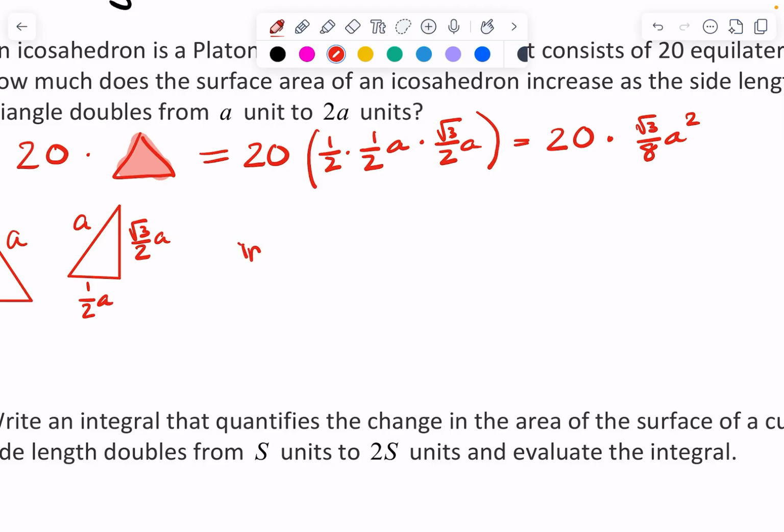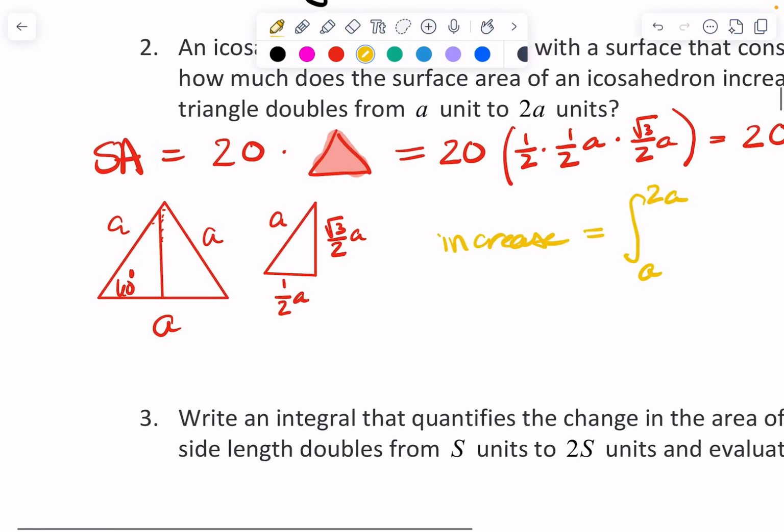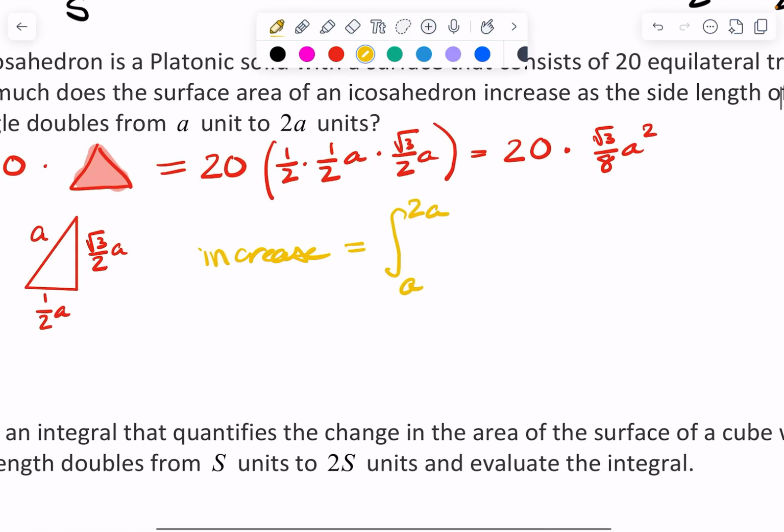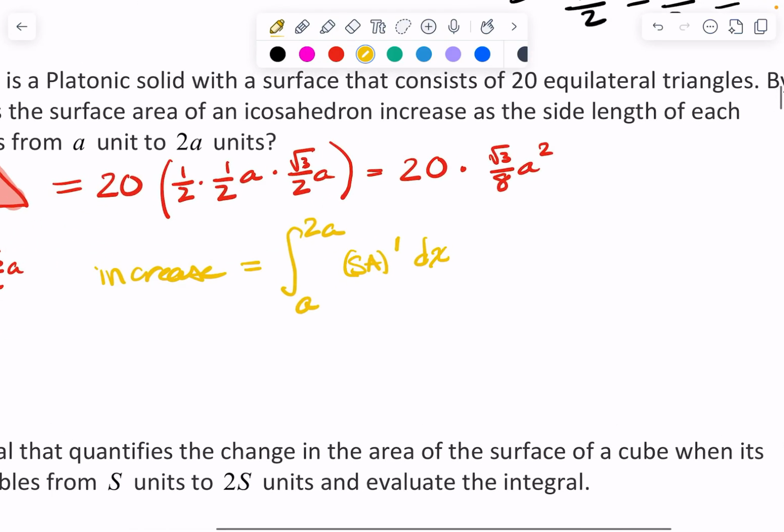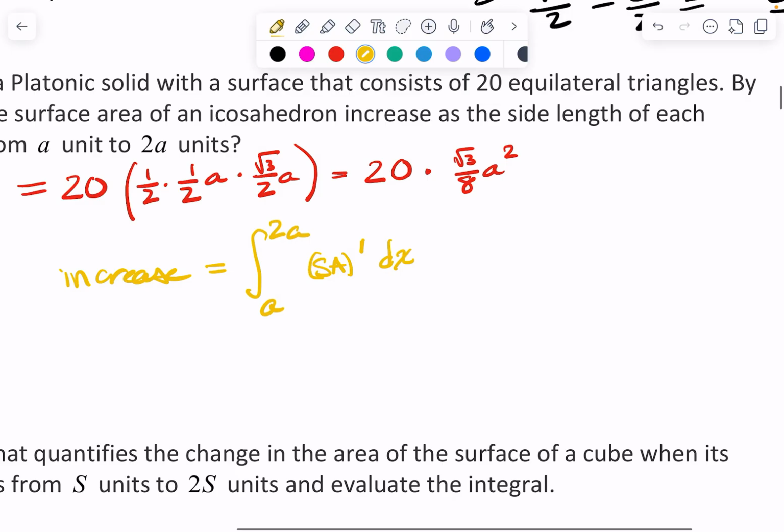Now, if I want to find how much it's changing, or the increase, and I'm actually going to change to a new color just to help you out. The increase, if I go from A to 2A, I'm not going to want the surface area, but the surface area prime with respect to some variable, which I will call X. Because we have to integrate the rate function.